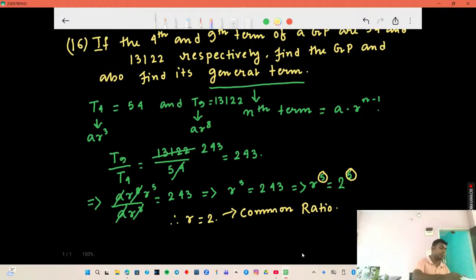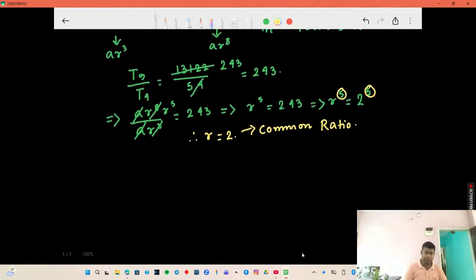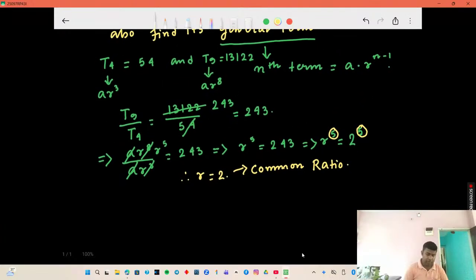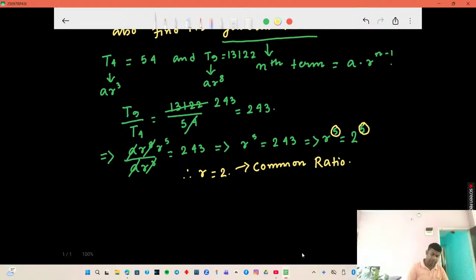Now in the next part, here we have found the common ratio. So now by putting the value of the common ratio in T4, we can find the value of A. So here it is given that T4 is equal to 54.